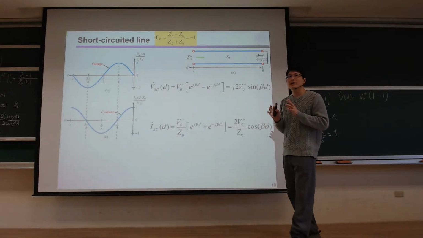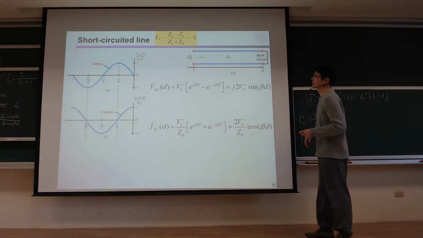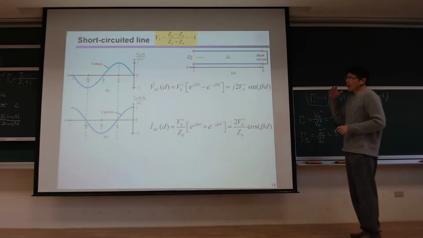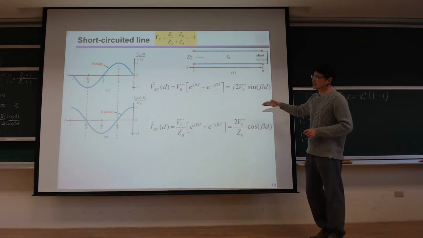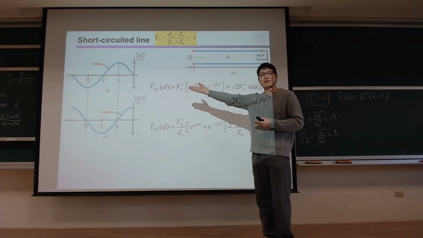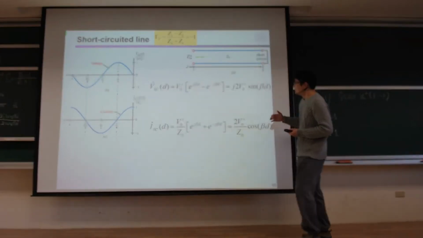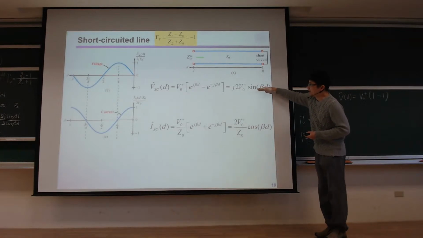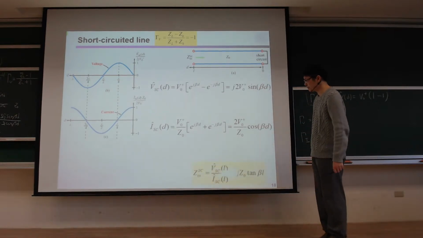But today, I am going to focus on something deeper. What I want to tell you is, by looking at the special cases, we can have a deeper understanding of what we derived for the wave impedance in general, right? So if we divide the total voltage phasor by the total current phasor, this is what we have.